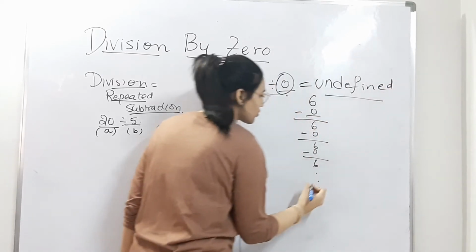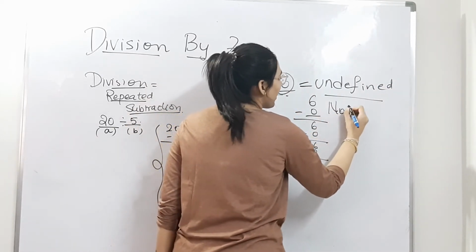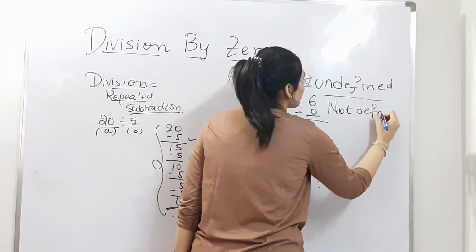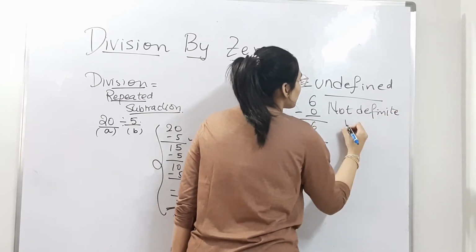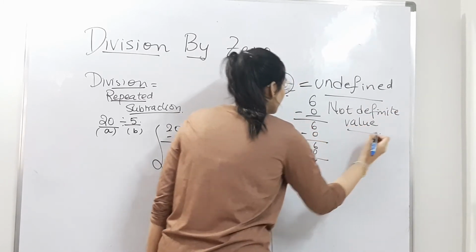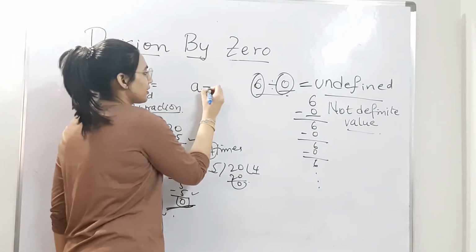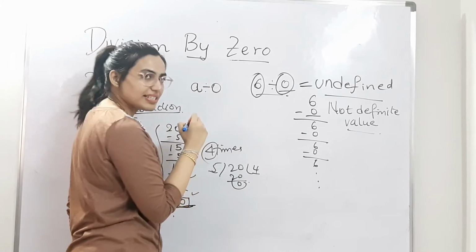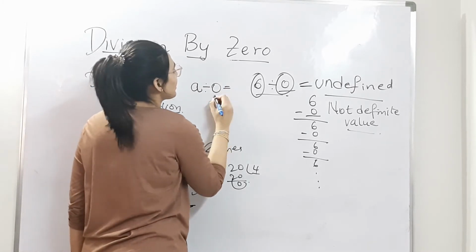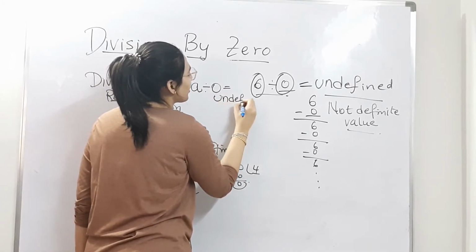That means there is no definite value when we divide a number by 0. So, we can say that any number A when divided by 0 is undefined.